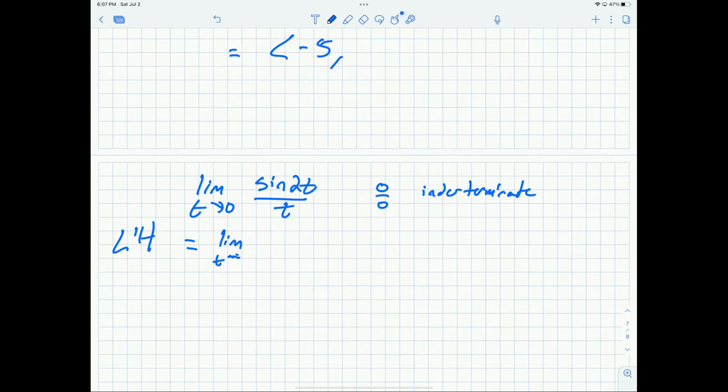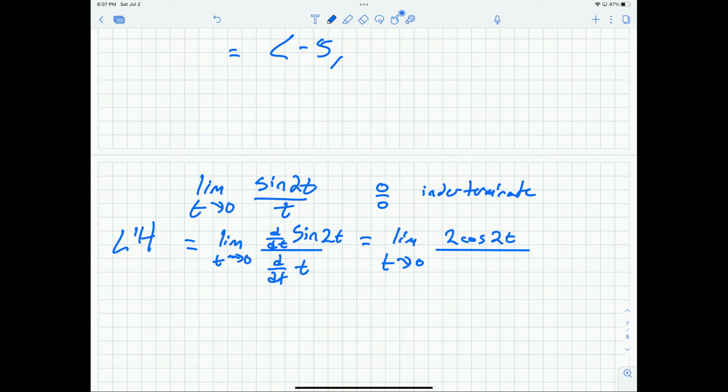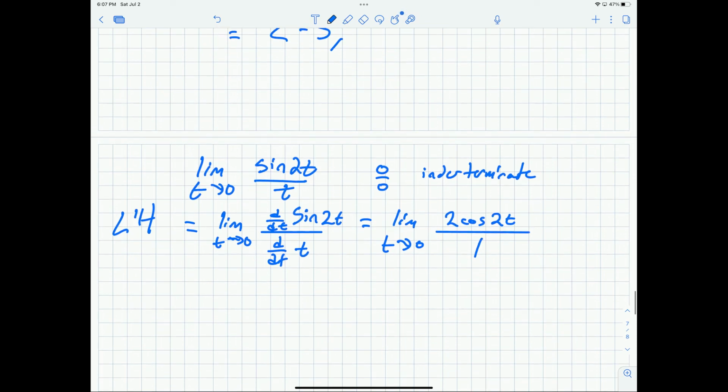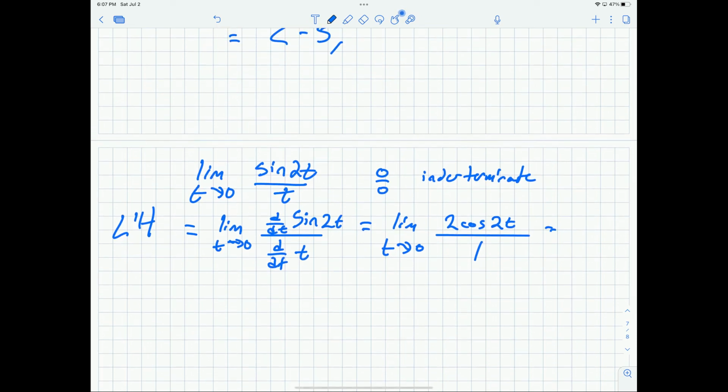That tells you that you can take the derivative of the top, d/dt of sine 2t, and d/dt of t. So we get the limit as t goes to 0 of 2 cos 2t over 1. Now you can take the limit as t goes to 0, and you're just going to get 2.